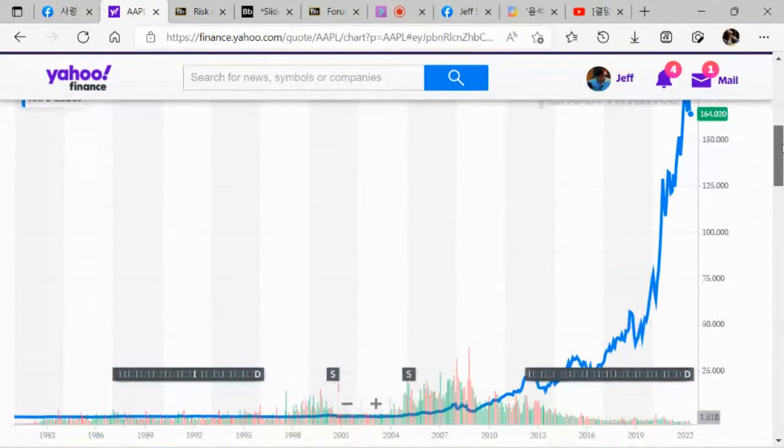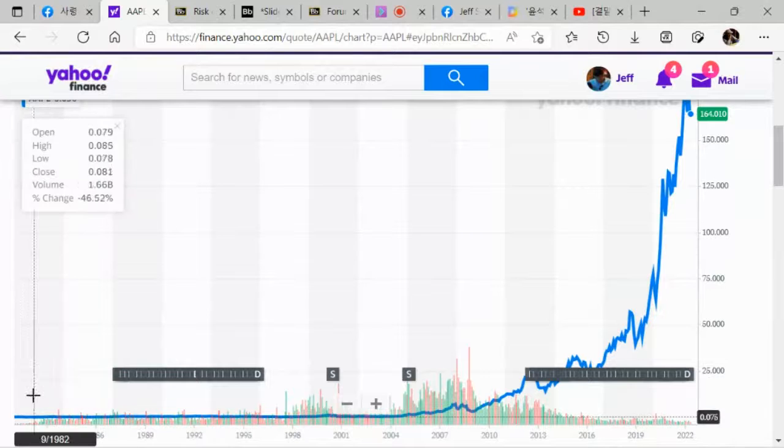Look, Apple came a long way, right? Apple actually went public in 1981, so it's been more than 20 years, 40 years, right? This year it's 41 years. And at the beginning, you might wonder, oh, it was just 12 cents. No. IPO price was about $10.